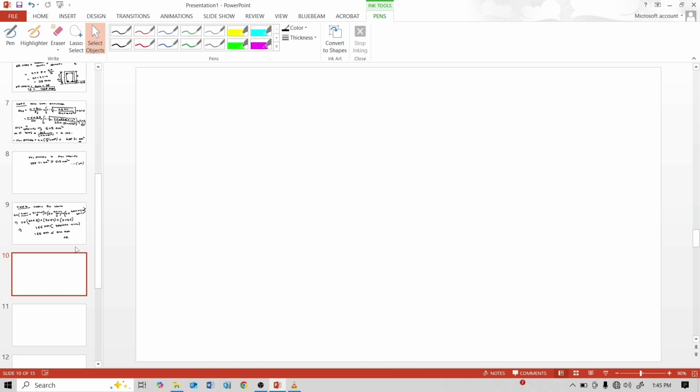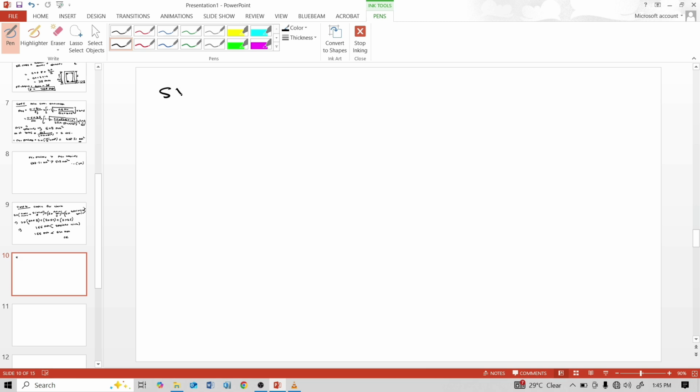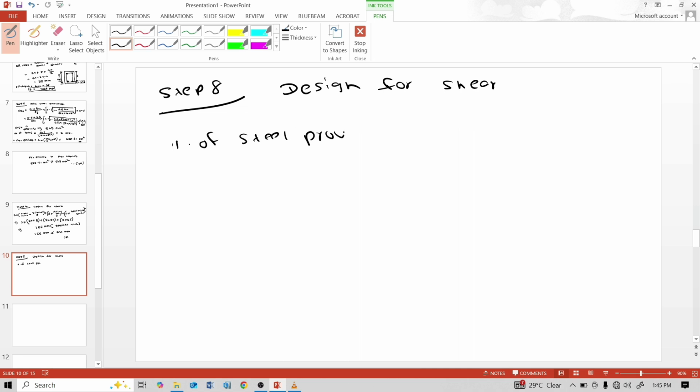Next calculation is design for shear. Step number 8. Percentage of steel provided equal to AST provided upon B into D into 100.